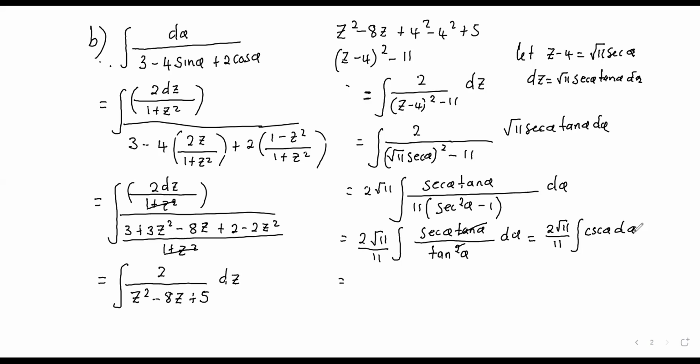Now what's the integral of cosec theta d theta? Anyone remembering? Integral of cosec theta? Negative cot squared? Or negative cot?